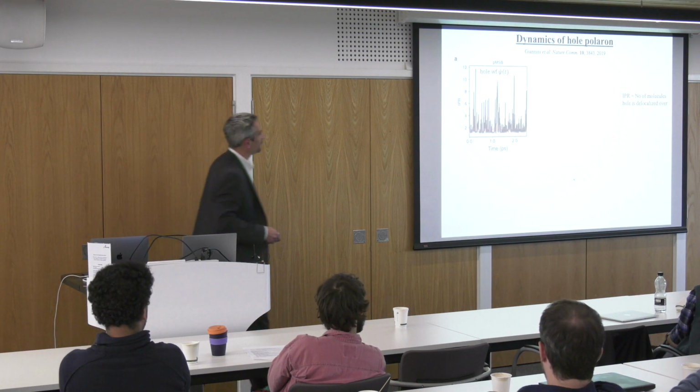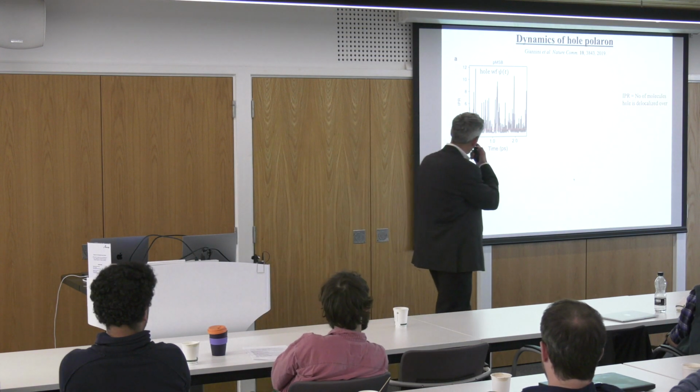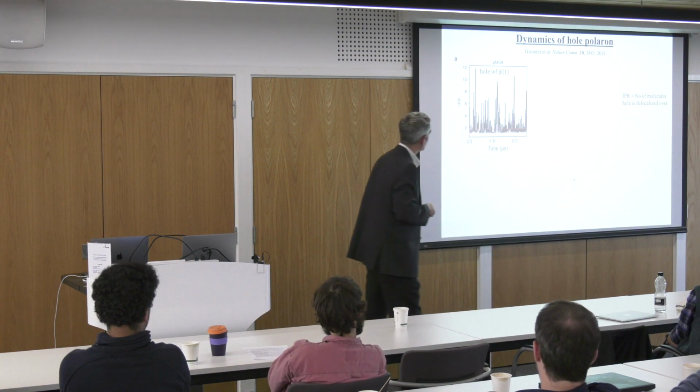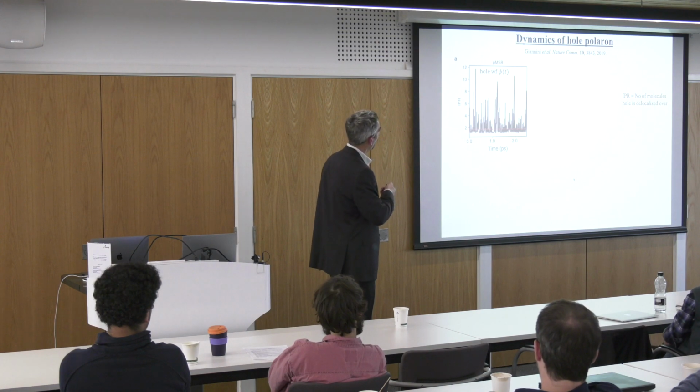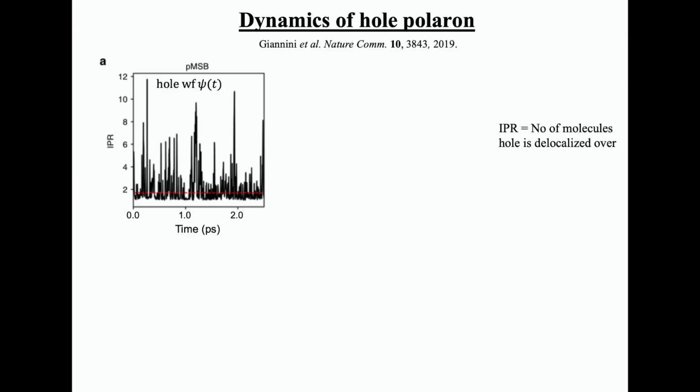Okay, if we look at this process in more detail, this is plotted here in that graph, where I plot the inverse participation ratio. Luckily that has been defined in previous talks, so this is nothing else than the number of molecules this hole is delocalized over as a function of simulation time in picoseconds.